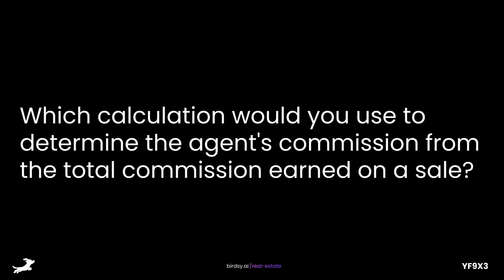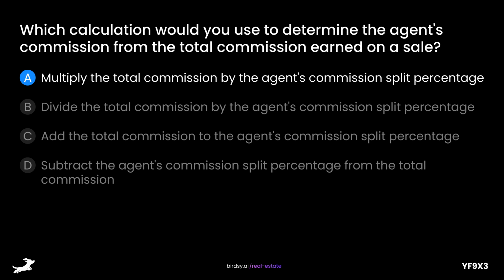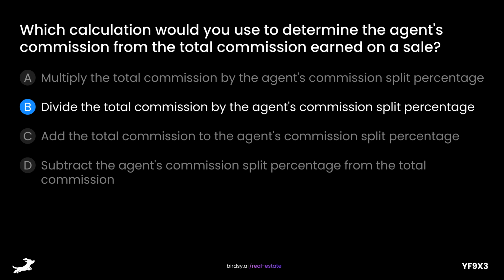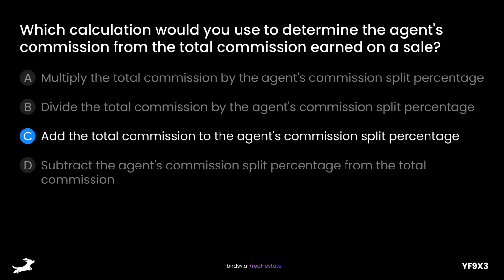Which calculation would you use to determine the agent's commission from the total commission earned on a sale? Is it A, multiply the total commission by the agent's commission split percentage? B, divide the total commission by the agent's commission split percentage? C, add the total commission to the agent's commission split percentage?